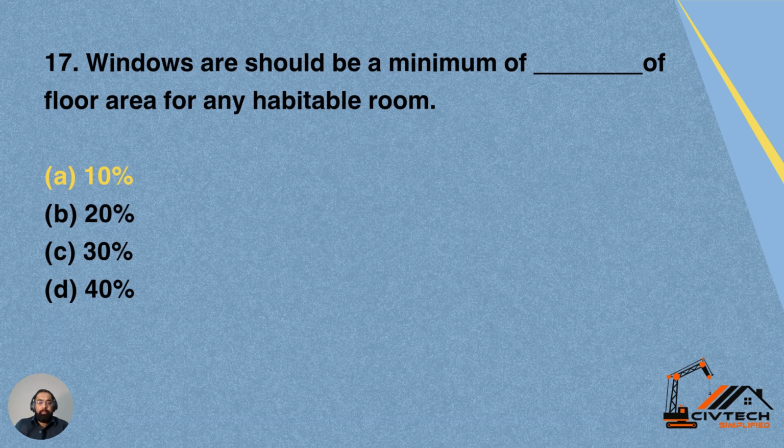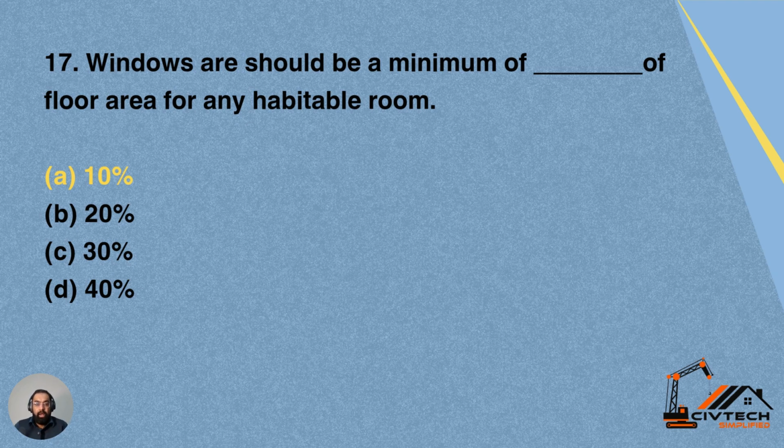Question number 17. Windows should be a minimum of dash of floor area for any habitable room.